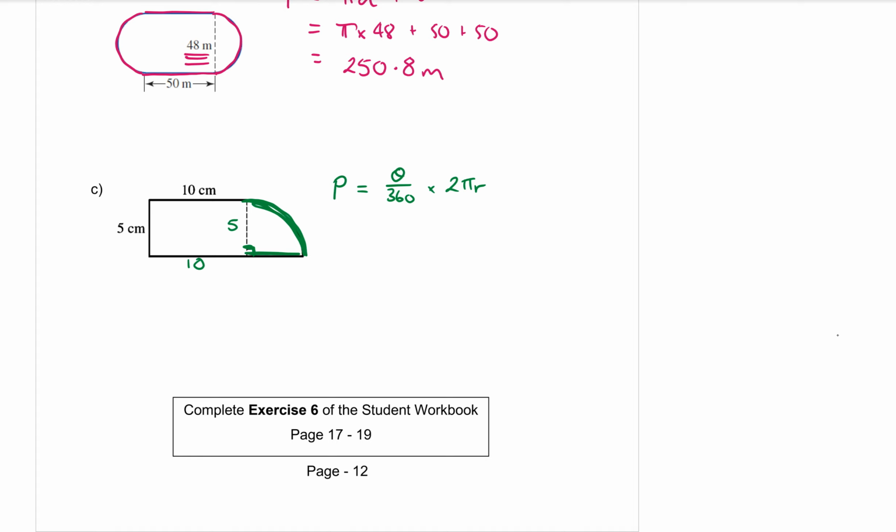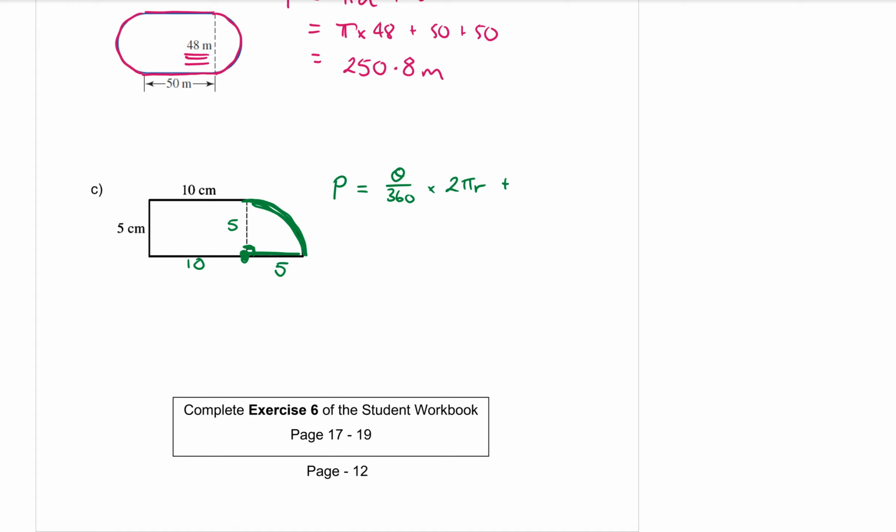And because this is a quarter of a circle that we've got here, this point here would be the center of the circle, so those two sides would be the radius, or the radii. So this one here would be 5 as well. Okay, so I now can add on all those straight sides.